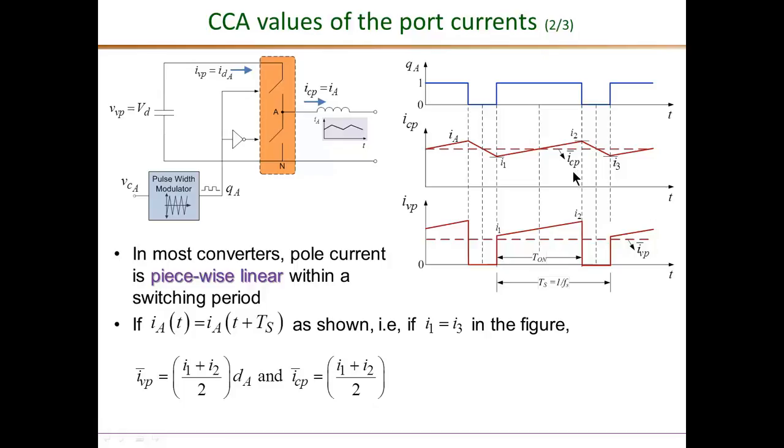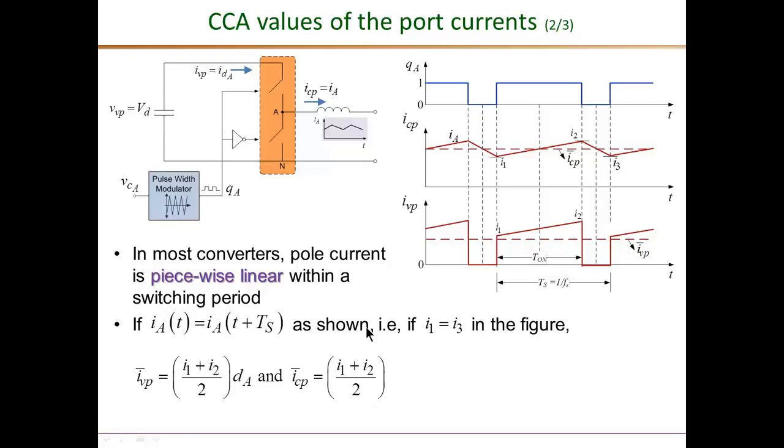Now in DC-DC converters in steady state, I1 equals I3. During transients or in DC-AC converters, it is not exactly equal. But in this slide, let's just consider the case where I1 equals I3, meaning the current waveform starts and ends after one period exactly at the same value. That is, IA of t is equal to IA at t plus Ts.